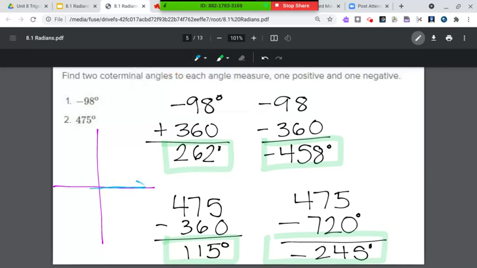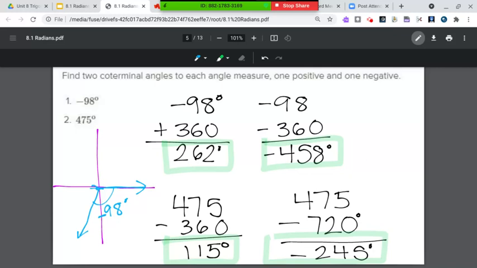I'm going to start with negative 98. I know directly down is negative 90, so I'm going to go a little bit past. I'm going to say 98 degrees. That's a little bit too much, but it's not drawn to scale. That's negative 98. I went from the initial side and I went clockwise because negative measures go clockwise.